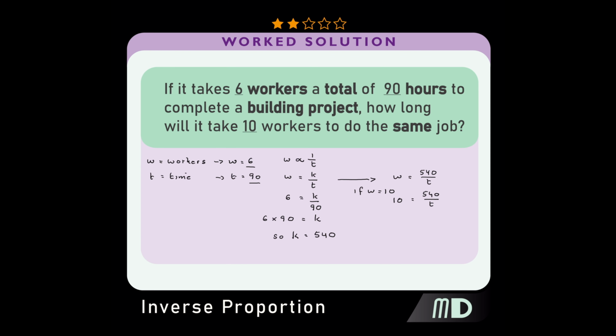First, by multiplying both sides by T, then by dividing both sides by 10.